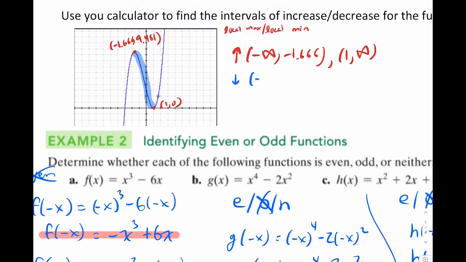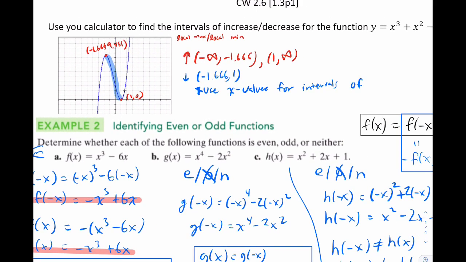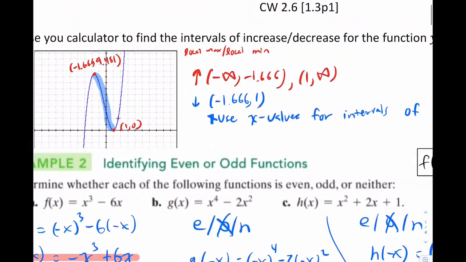And that would be negative 1.666 to 1. And notice how we're using the x values. So again, we use the x values for intervals of increase or decrease.